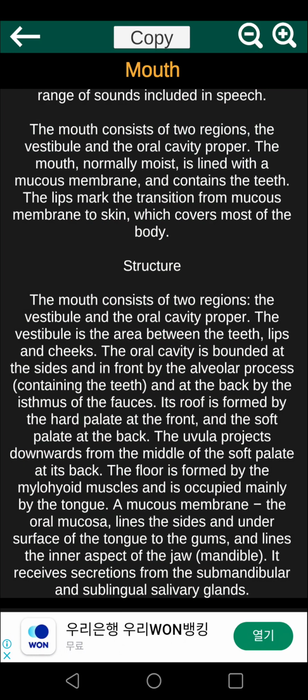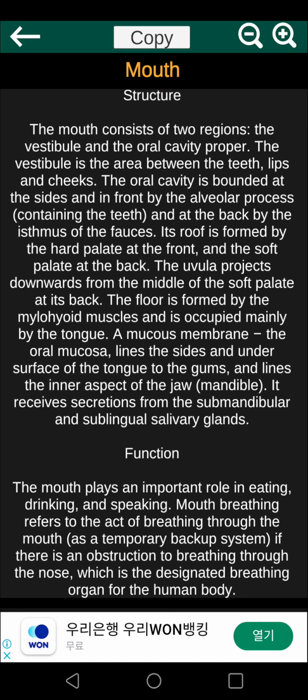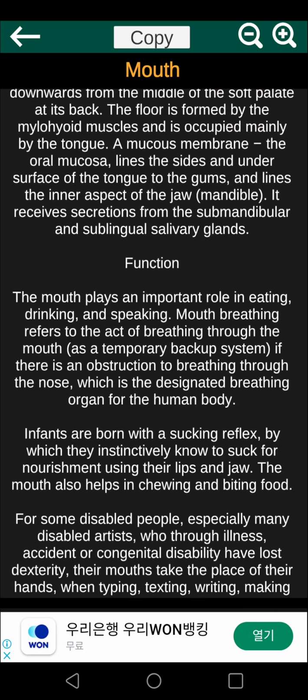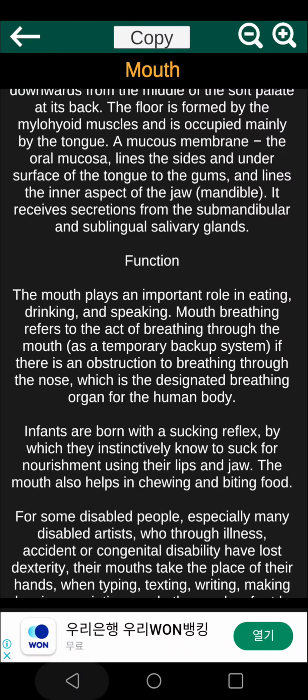Mouth. The mouth consists of two regions, the vestibule and the oral cavity proper. Structure. From the middle of the soft muscles, obstruction.